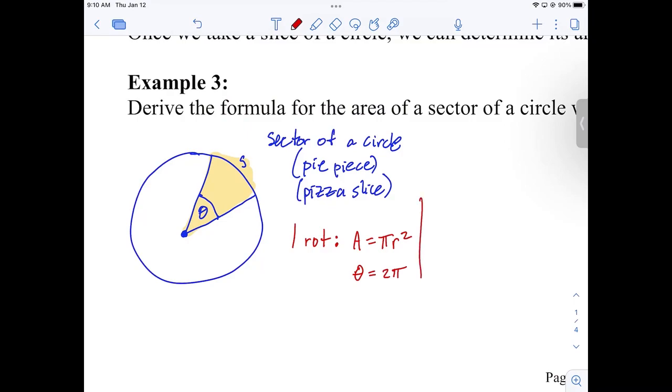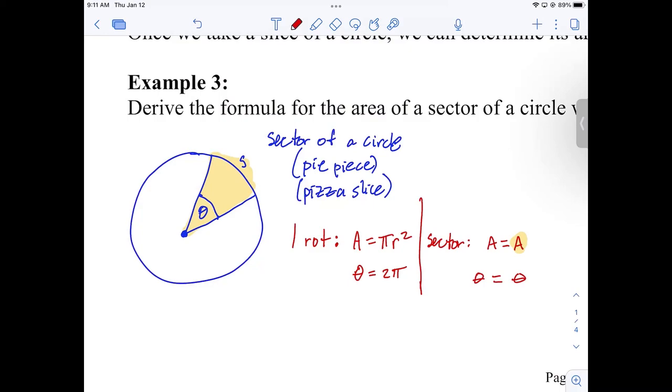And then for the sector, the area is A. We don't know what it is, we're just going to call it A. But we do know that the angle is theta.